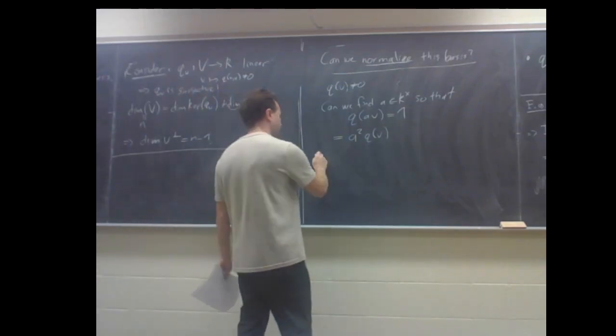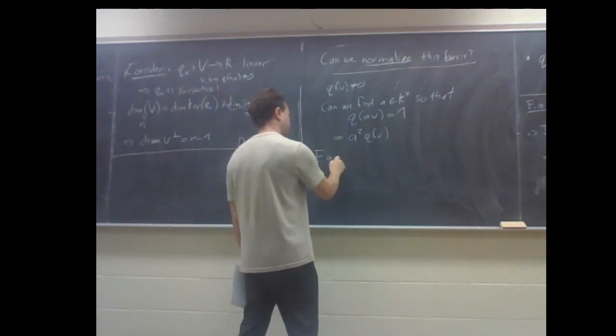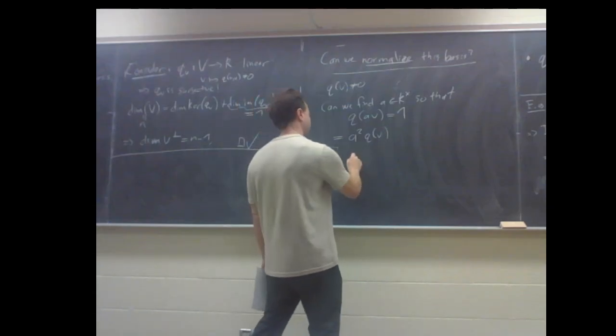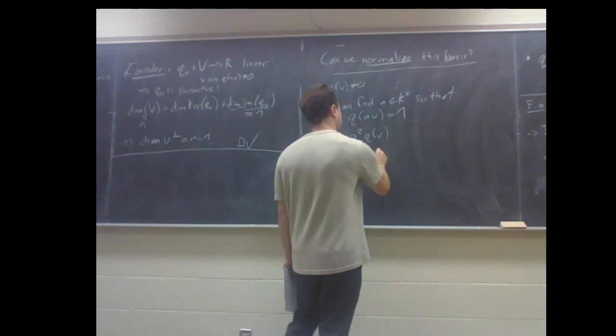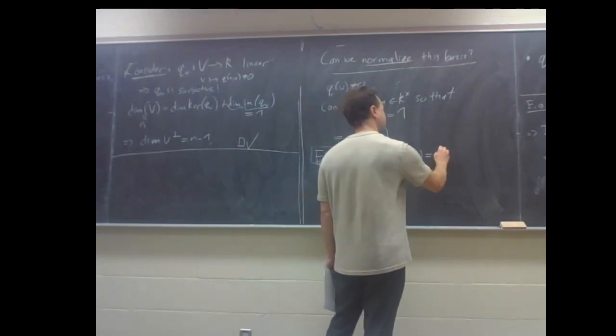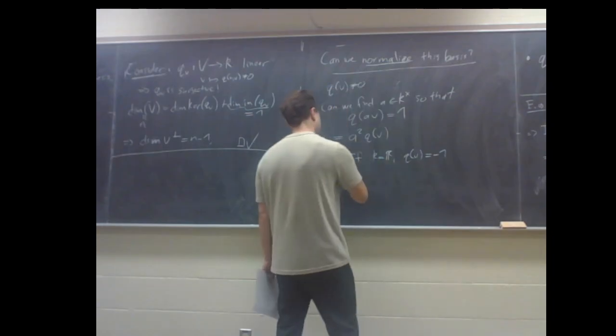So for example, if K is R, and Q(v) is minus 1, we can't do this.